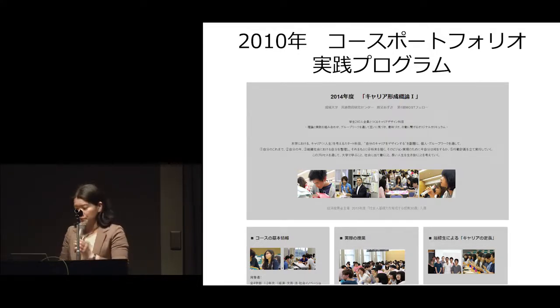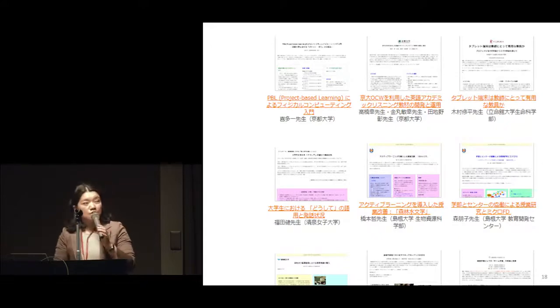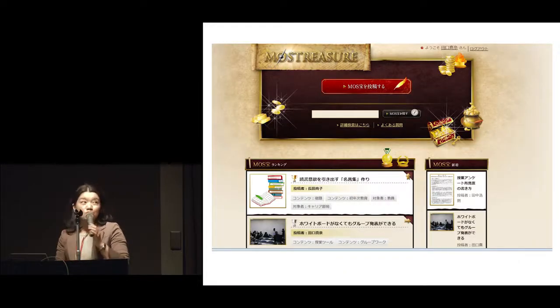Now, we have many course portfolios. But producing a portfolio takes lots of man-hours, and taking 5 minutes to read may be too long, and so we then created MOST Treasure.